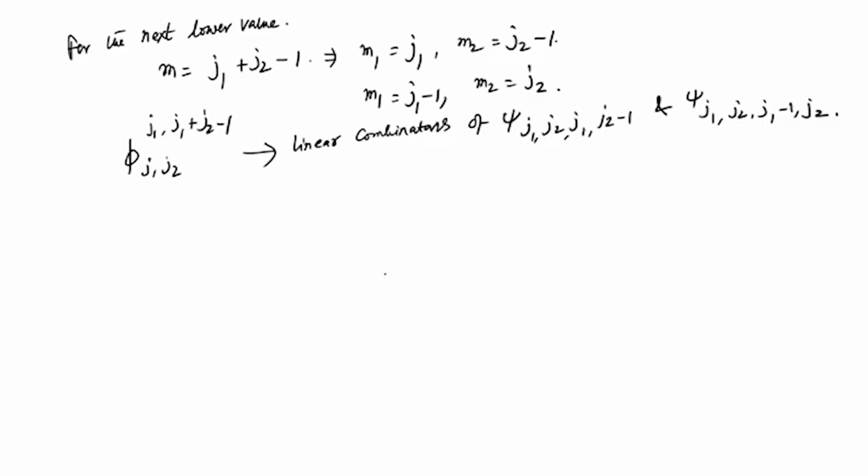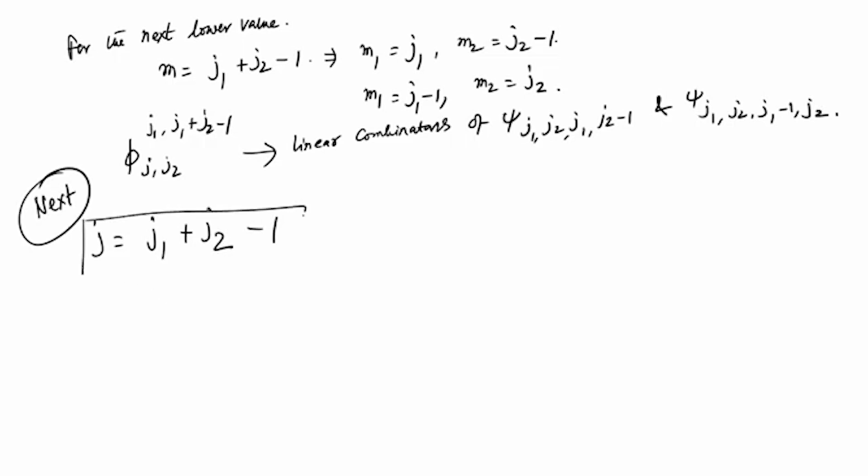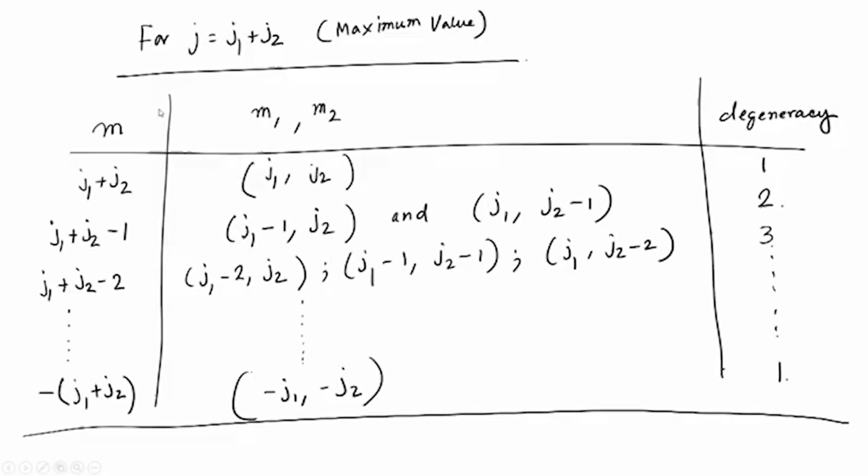Now, there is one more thing that we are missing here. What happens when your J, the next value of J, that is J equal to J1 plus J2 minus 1. So, this is the next lower value of J. We were talking about different values of M here, but kept the value of J equal to the maximum value.